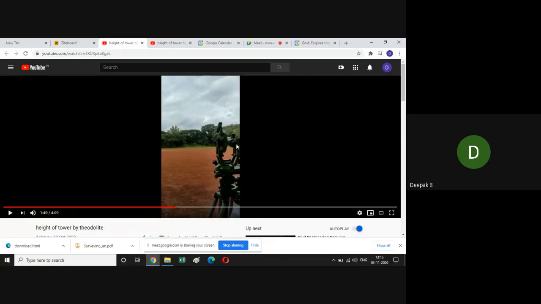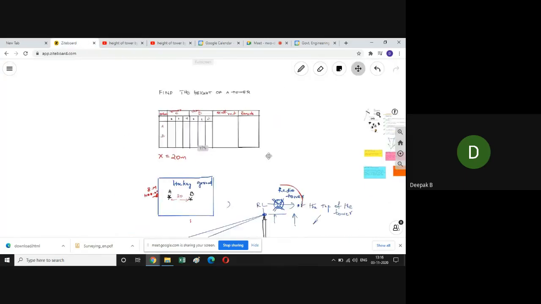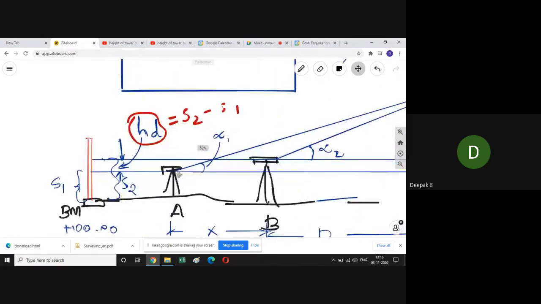If you are rotating the telescope and looking through the eyepiece, and you see the top of the radio tower intersecting in the crosshairs, then rotating the telescope in the vertical plane, we will be able to get that reading. So if we find a reading, it will be this reading.